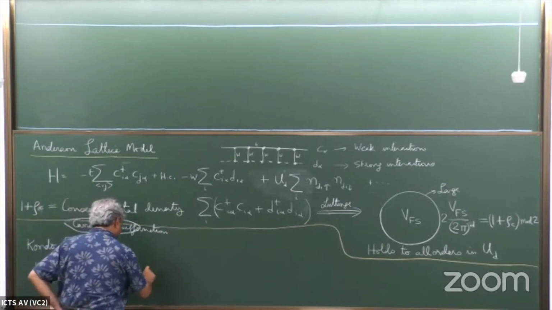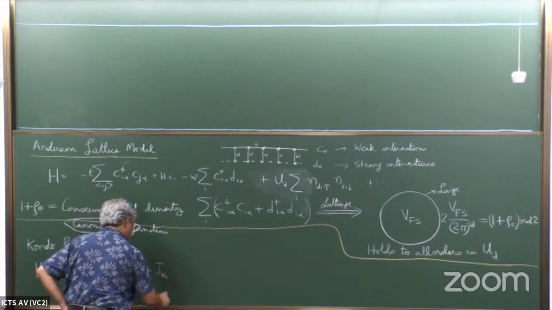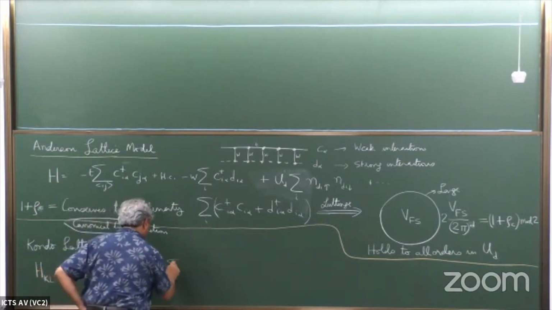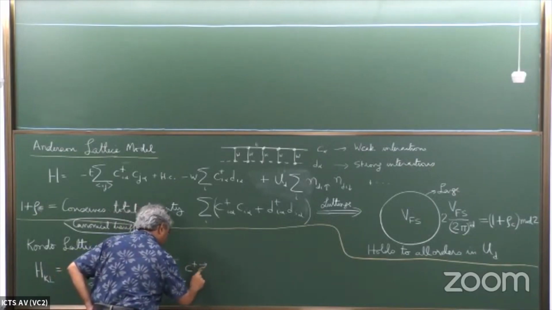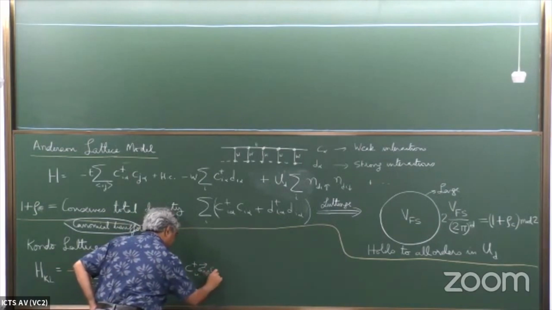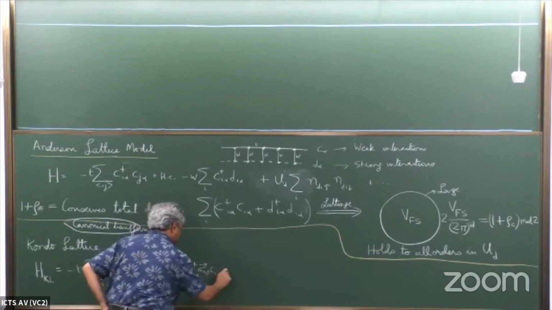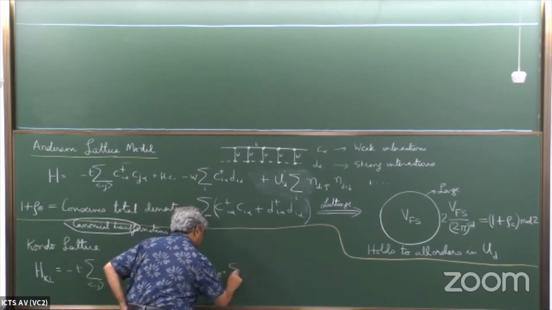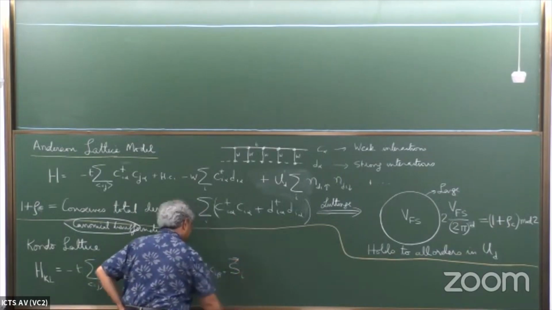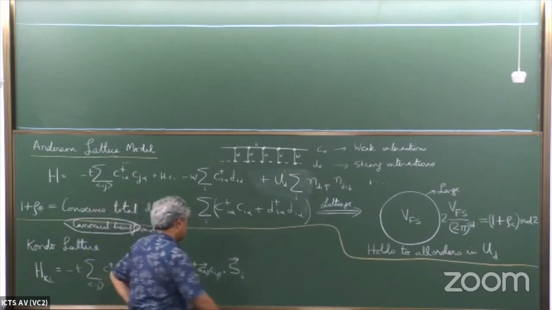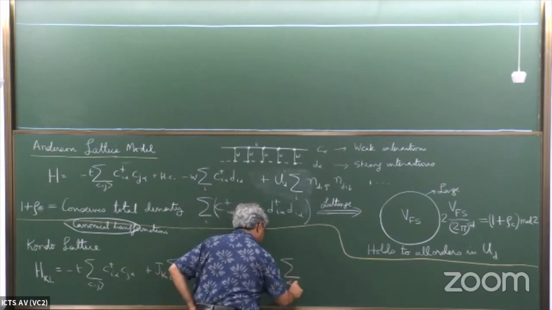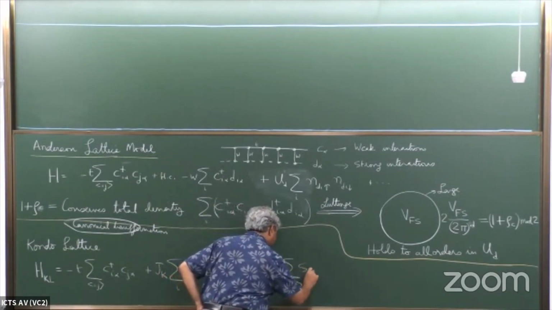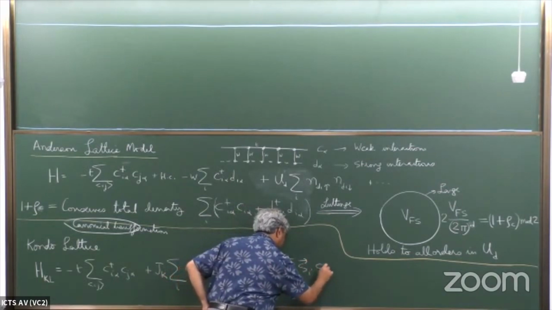But then you're going to get a Kondo coupling, J_K, sum on i, C dagger i alpha sigma alpha beta C i beta, dotted into S_i, plus some Heisenberg coupling, say sum between nearest neighbors of S_i dot S_j.